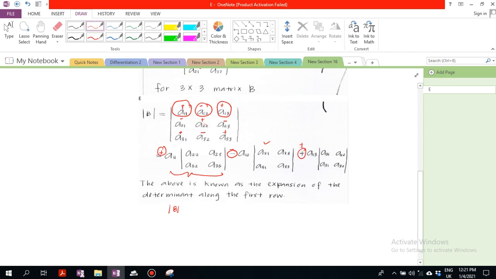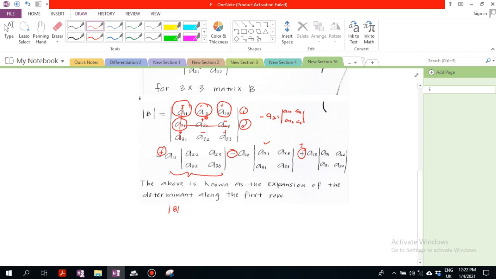So for example, if you are not taking the first row but the second row as your main, A21, you will start with negative first, meaning negative A21. Then the matrix will be, you delete this one, A12, A13, A32 and A33.